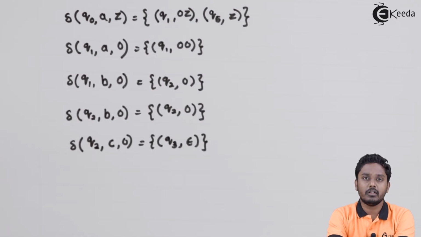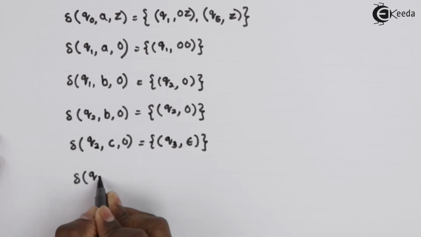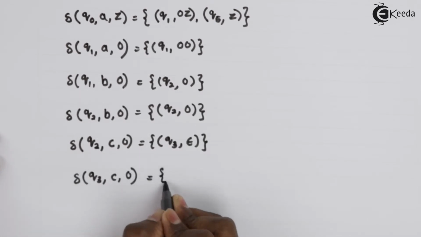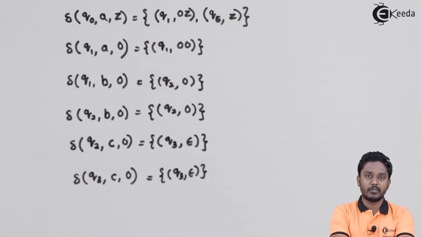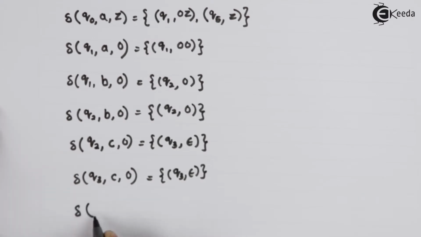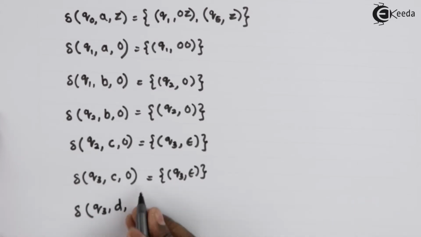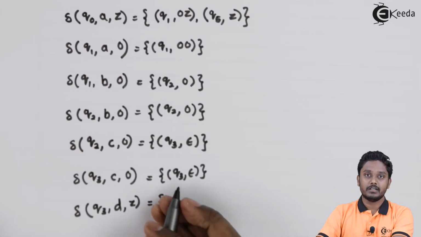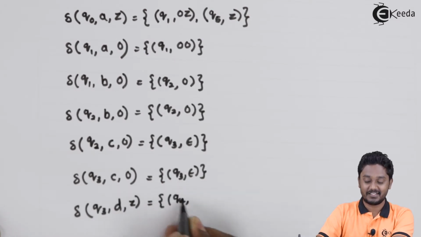From Q3, now we'll compare A's and C's. So with every C, we will have a pop-off. On encountering a D, from state Q3, we will have a transition to state Q4. But now the top of the stack would be Z. State would be Q4, keeping the Z as it is.